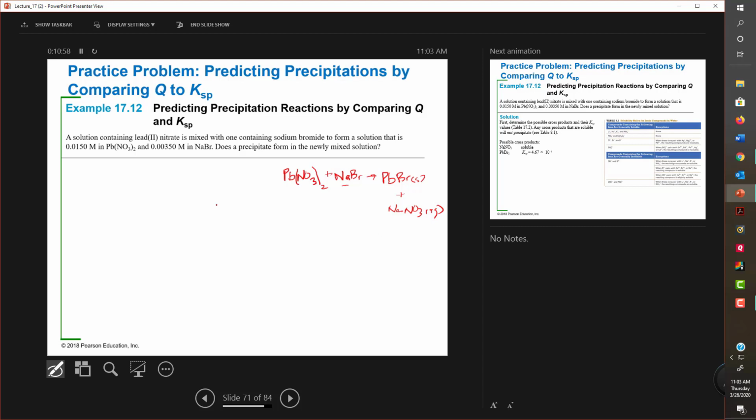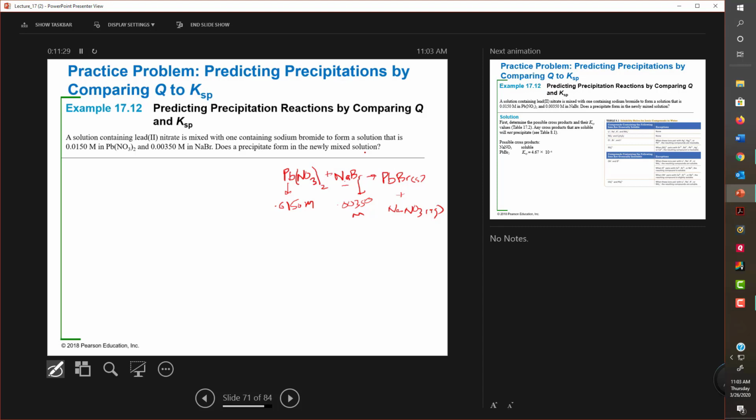So the question is, this concentration is 0.01550 molar, and the sodium bromide is 0.00350 molar. And the question is, will the concentration of the lead and the bromide exceed the solubility product for lead(II) bromide?